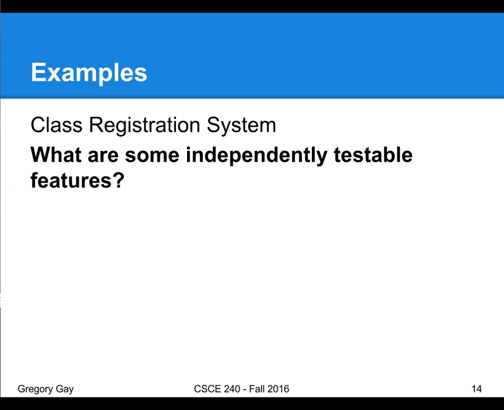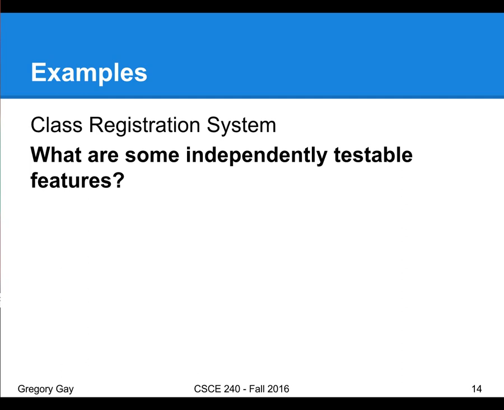Right, so if you think about something you've all interacted with at some point, which is a class registration system. If you were building this kind of software and you had to test it, what would you guys think would be some of the independently testable features of this class registration system? Feel free just to shout some things out. Add classes?